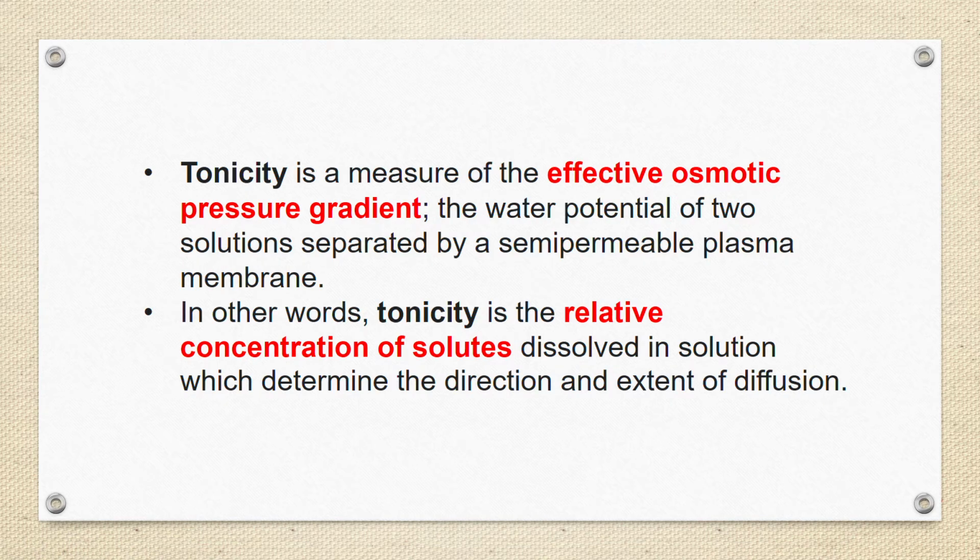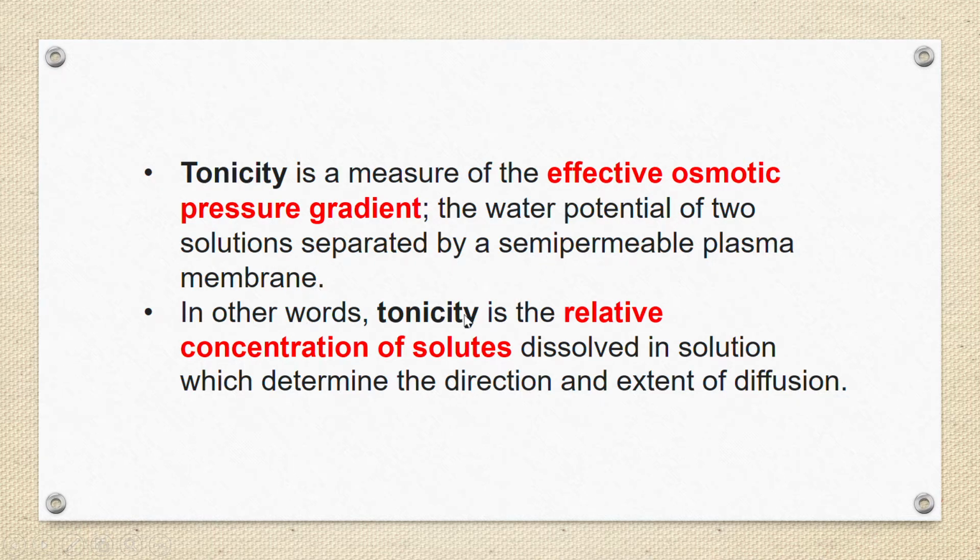Okay, so this is what I found from the internet. It says tonicity is a measure of effective osmotic pressure gradient. Okay, so that means the water potential between the two solutions which are separated by the semi-permeable plasma membrane.